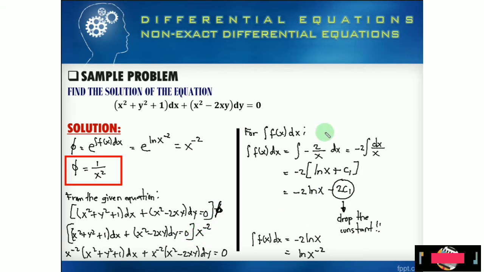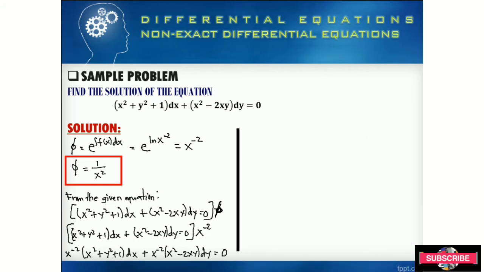Okay, and proceeding, now, so we have here this, you are going to distribute this x to the negative 2, or you may use this 1 over x squared here.